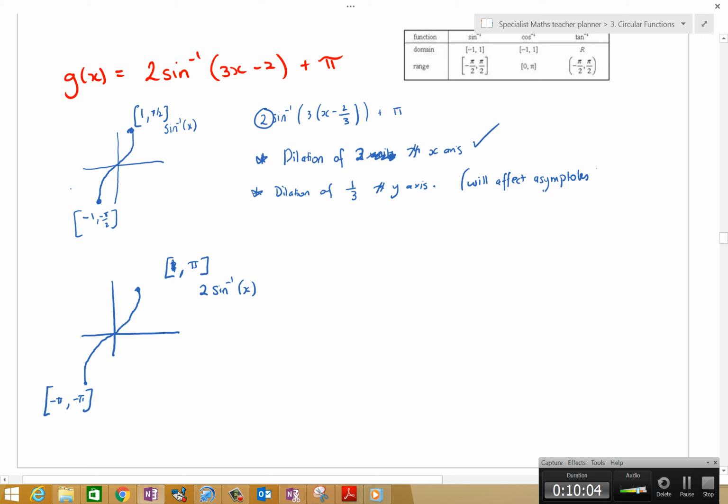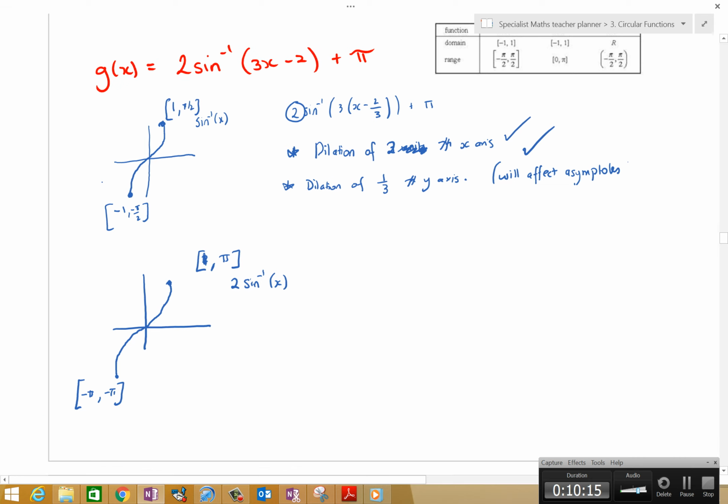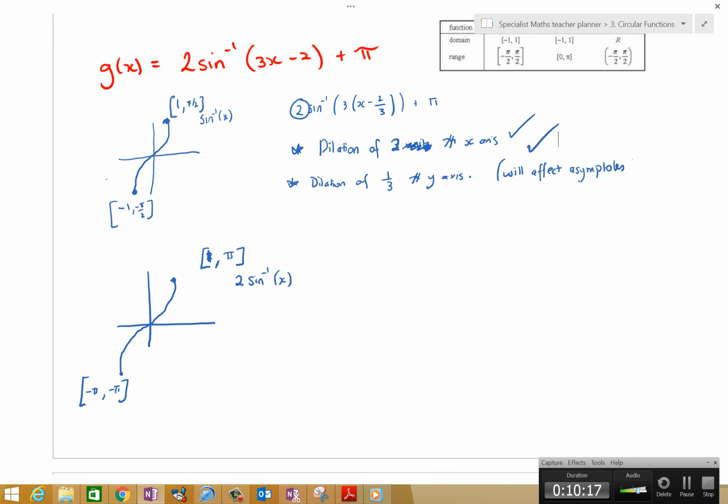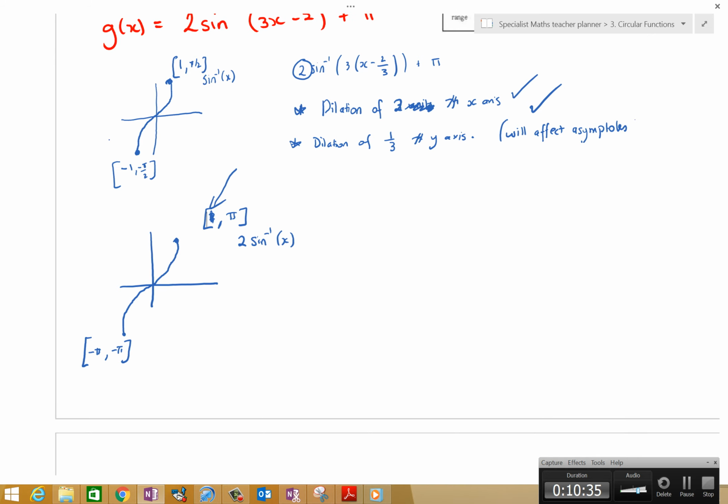So now what's going to happen here? The dilation of a third parallel to the y-axis. So which values am I dealing with? It's getting thinner, isn't it? So that 1 becomes what? Does that change? One over 3, isn't it? Yes.